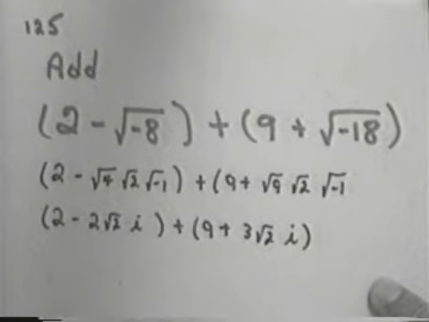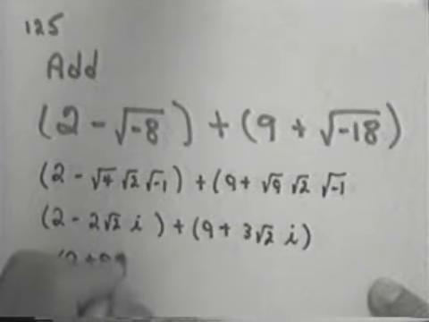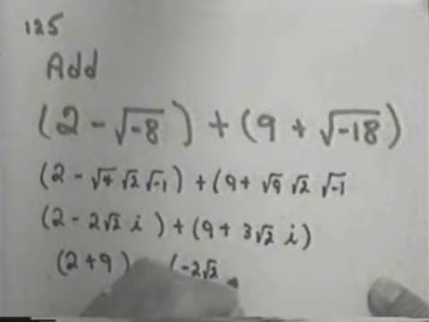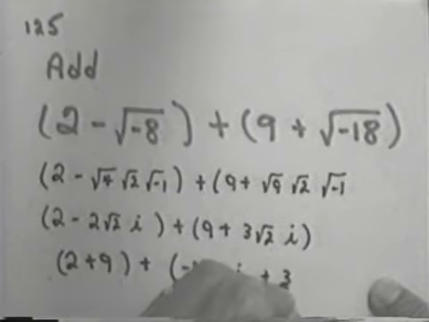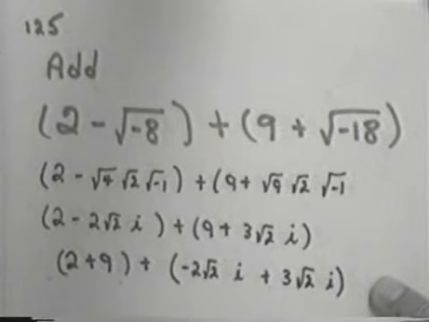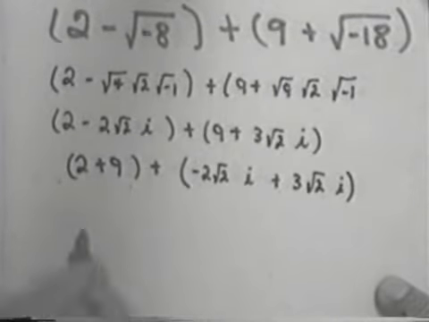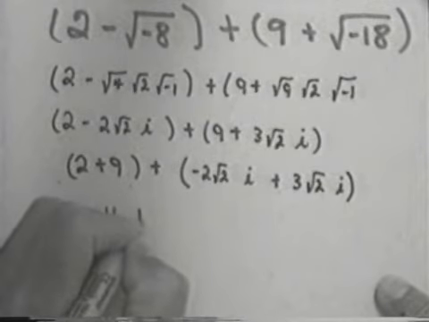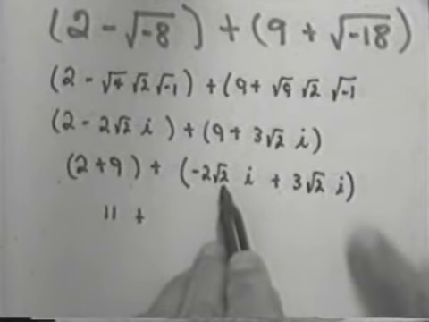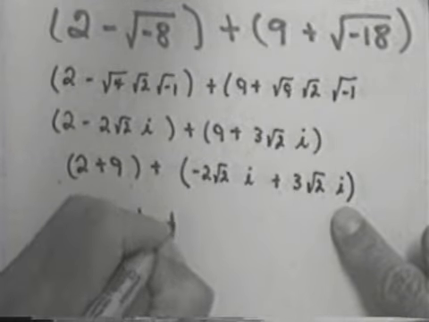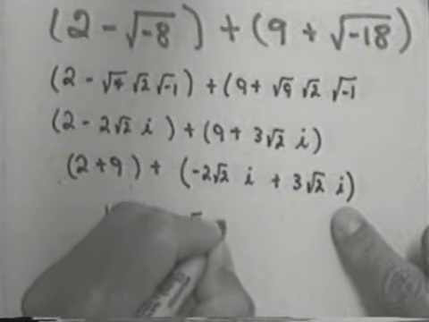Now I can combine like terms. I can write the 2 plus 9 together, plus the -2 times the square root of 2i and the 3 times the square root of 2i. Combining like terms, 2 plus 9 is 11, plus -2 times the square root of 2i plus 3 times the square root of 2i is going to be 1 times the square root of 2i.